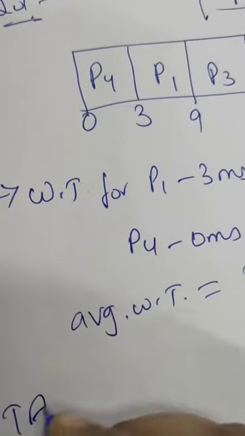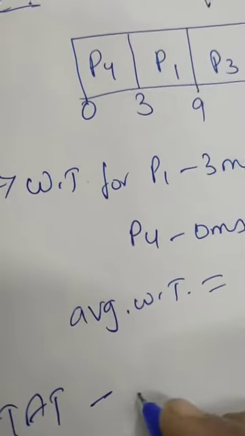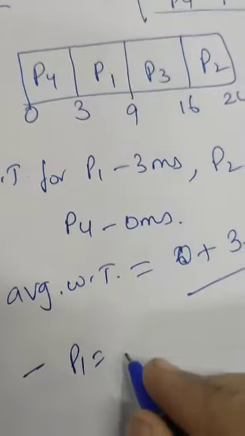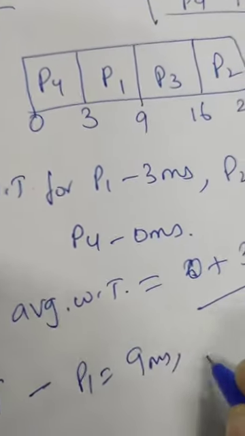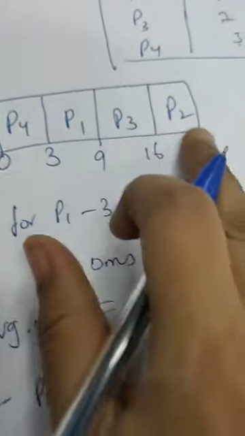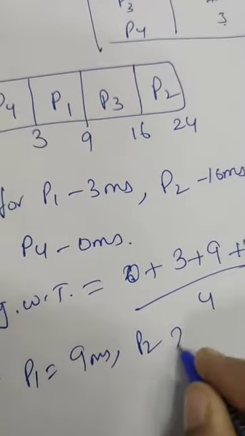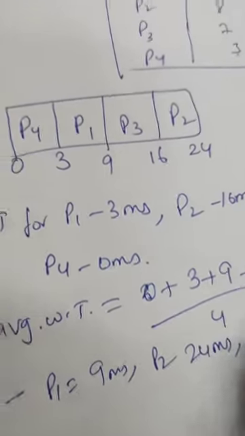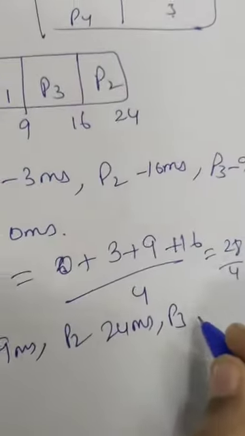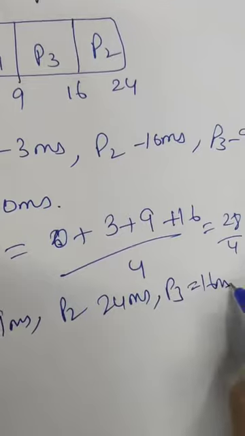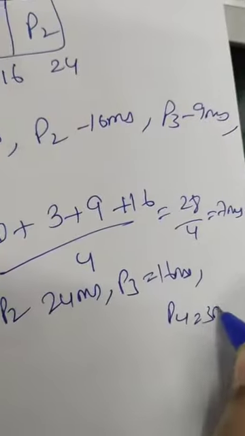Whereas the turnaround time for P1 is 9, for P2 it is 24, for P3 it is 16, and for P4 it is 3 milliseconds.